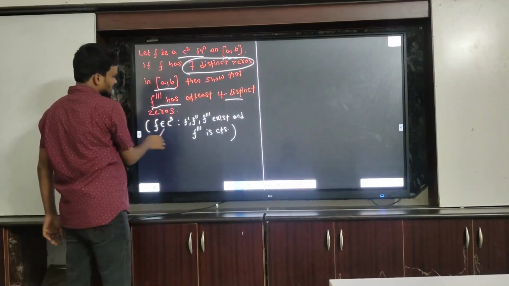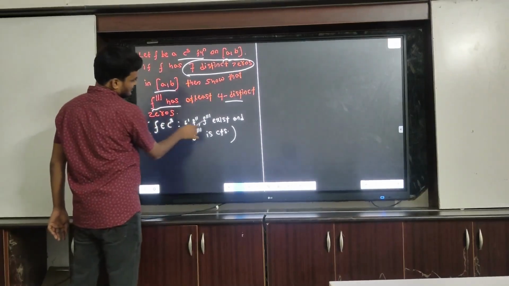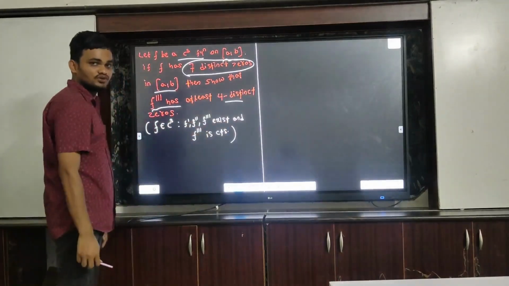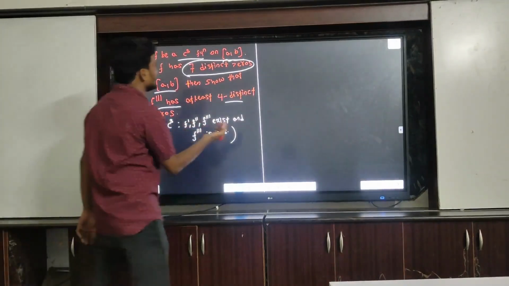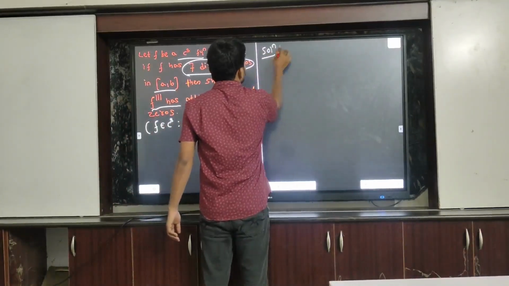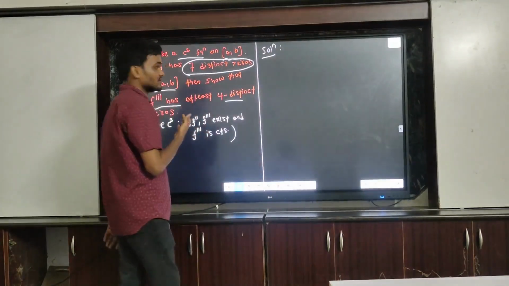What do you mean by C3? f dash x, f double dash x, f triple dash x exist, and f triple dash x is continuous. So what is given?